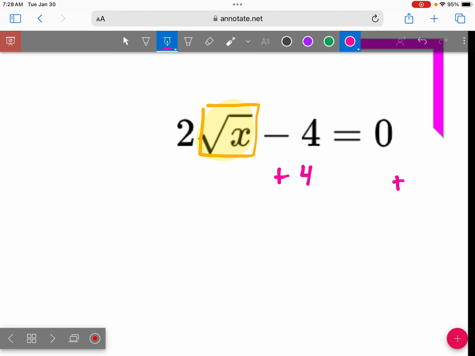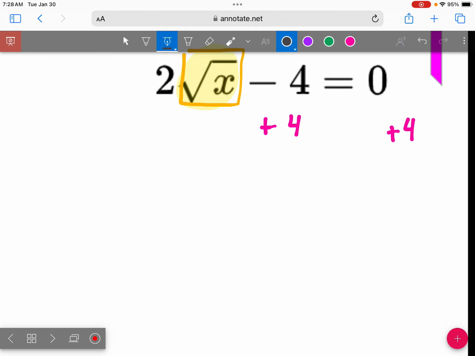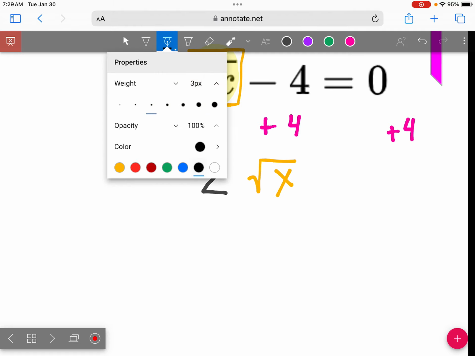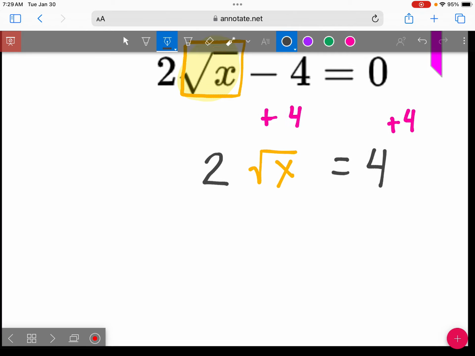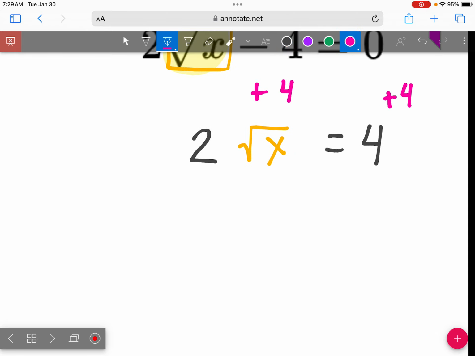I recommend starting with anything added or subtracted. Not saying it's the only way to go, but it gives you the lowest chance of fractioning. So now I have 2 square root of x equals 4. What do we need to do to get my square root by itself?